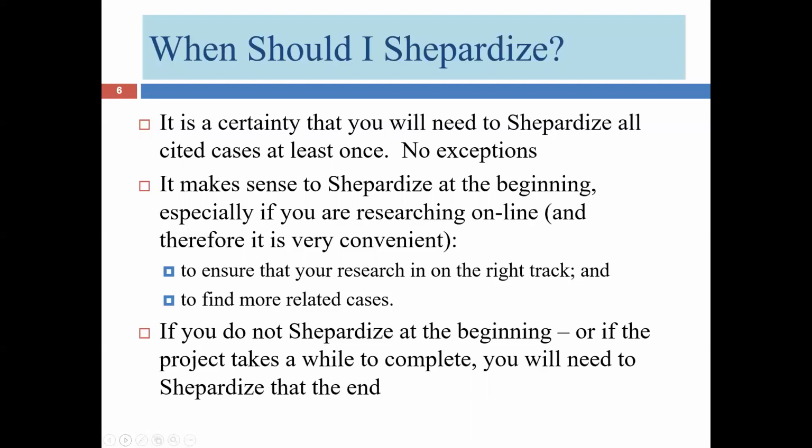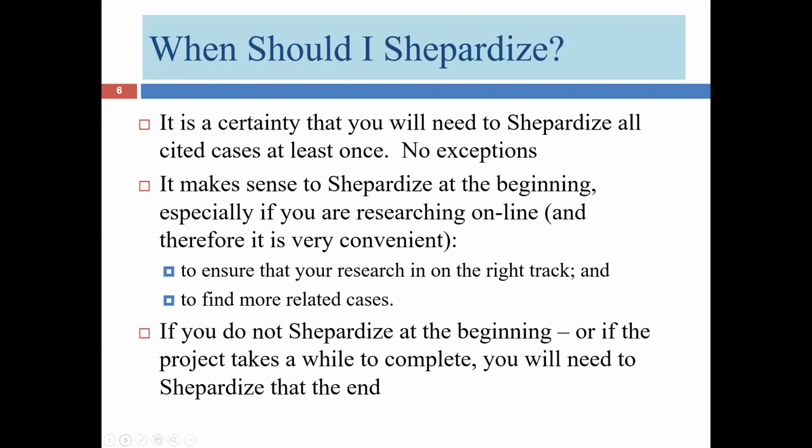If you aren't 100% sure this case is good, early on you don't want to look it up. You probably don't need to Shepardize at the very, very beginning when you're accumulating your first resources, except if you're doing your research on Westlaw, it's super easy to Shepardize, and so it's almost organic to the research project.